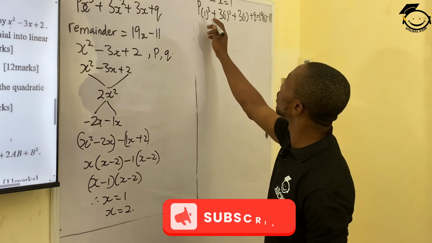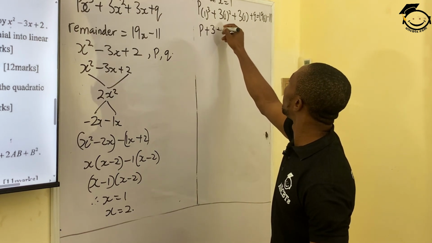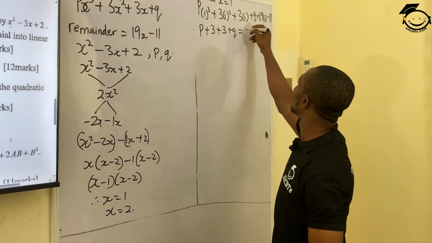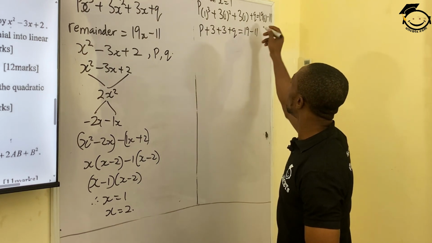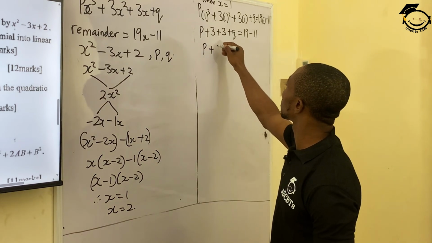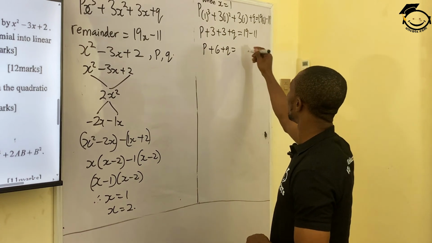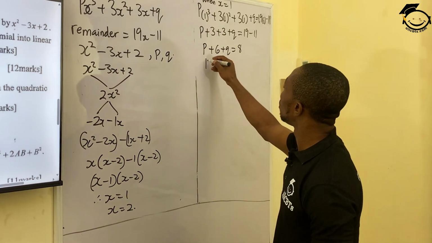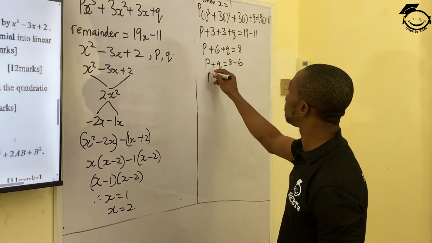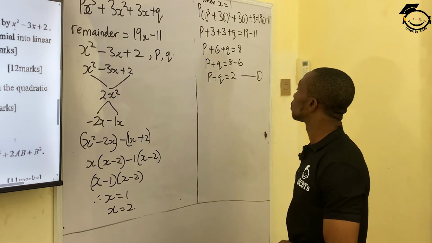Now this will give us p plus 3 plus 3 plus q equals 19 minus 11. This will give us p plus 6 plus q equals 8. So p plus q equals 8 minus 6, so p plus q equals 2. Let's call this equation 1.